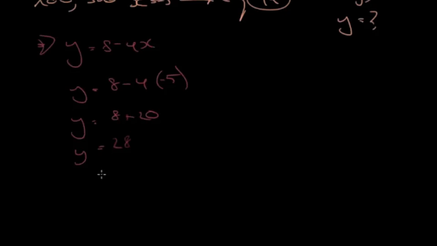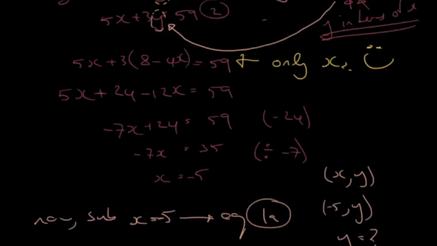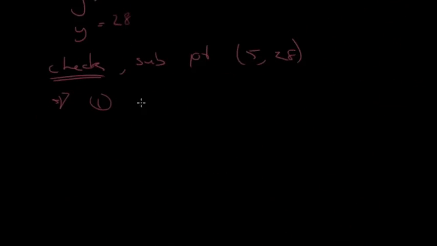So now we want to check. Sub the point negative 5, 28 into equation 1 or equation 2, doesn't matter, or equation 1a or whatever, but it's good to go back to one of the original ones. 4x plus y equals 8.